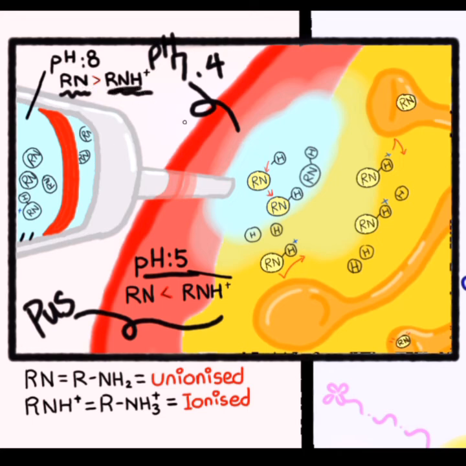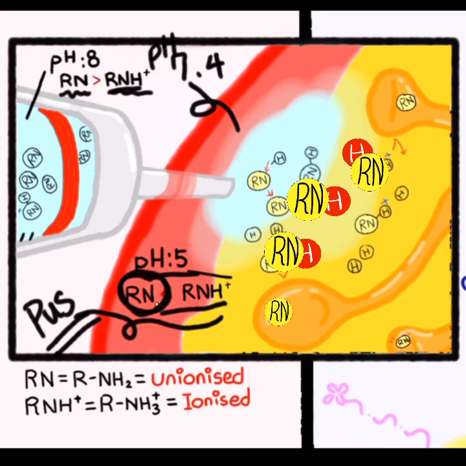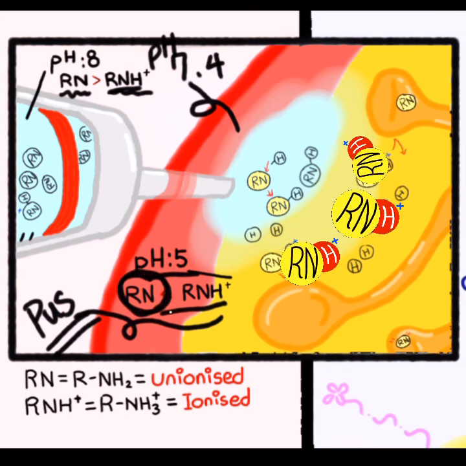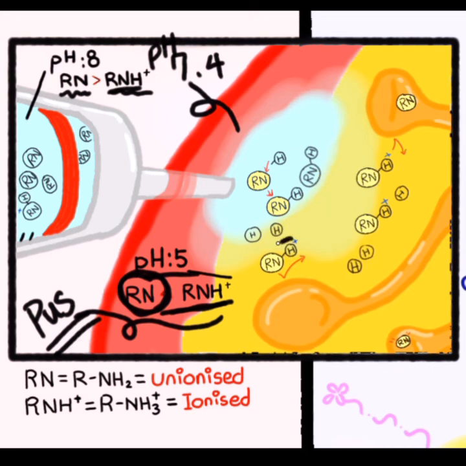But when a pus is present, and these unionized forms are mixed with pus, they become ionized forms. So they cannot go into nerve fibers to make the connection. Isn't it sad?